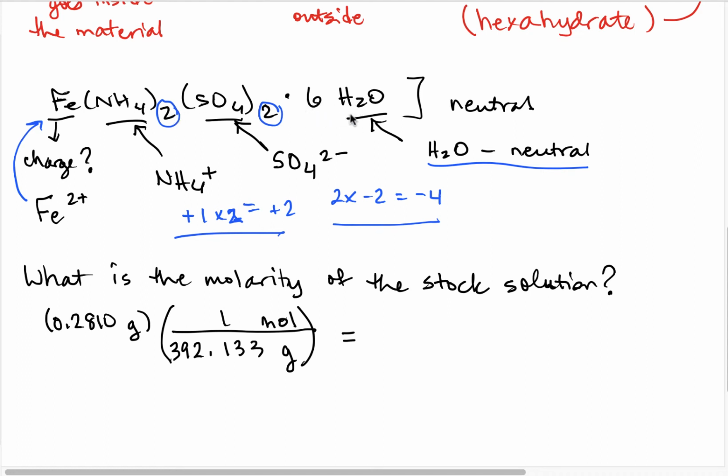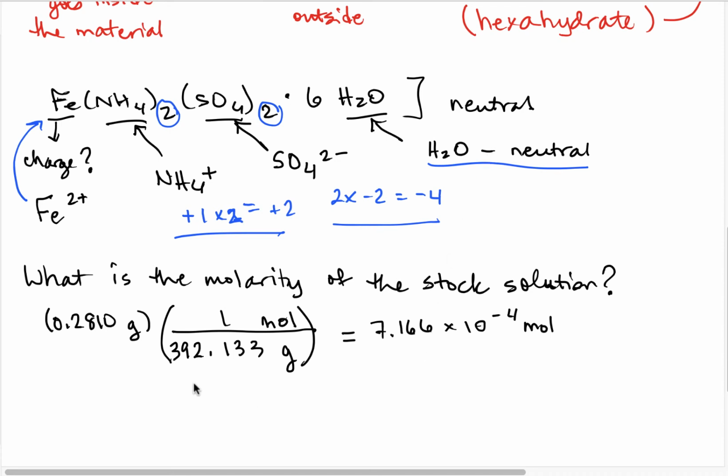So 8 plus 12 is 20 hydrogens. We have 2 sulfur atoms. We have 2 times 4 was 8 plus 6 more, so 14 oxygen atoms. So that adds up a lot. So I got that this gives me 7.166 times 10 to the minus 4 moles of the iron compound.